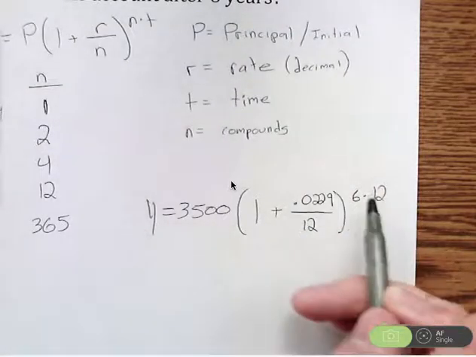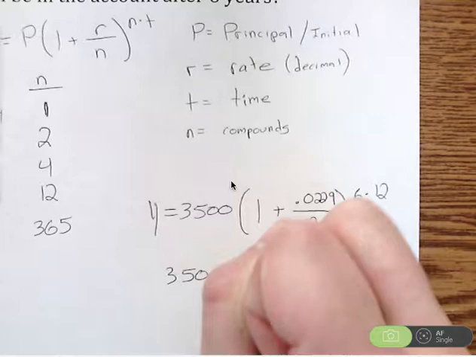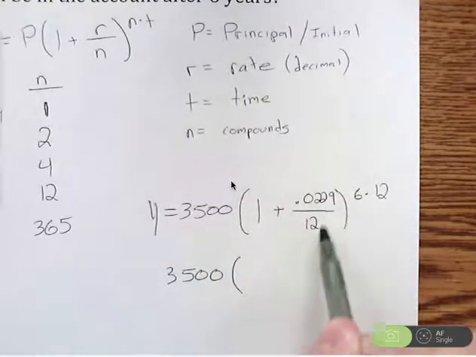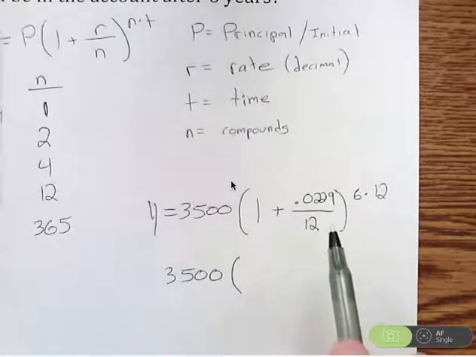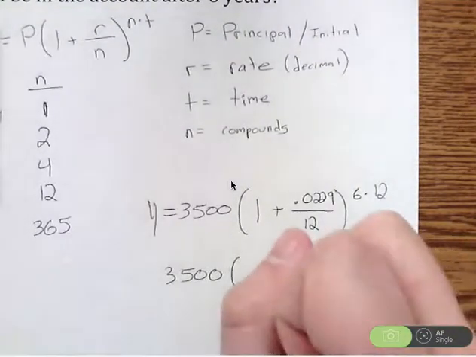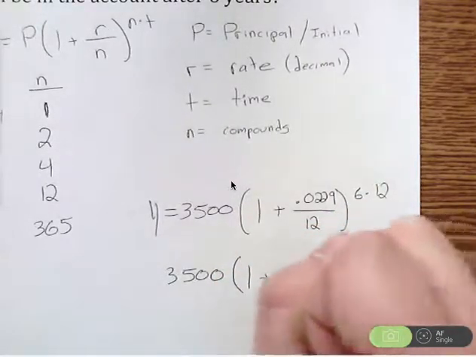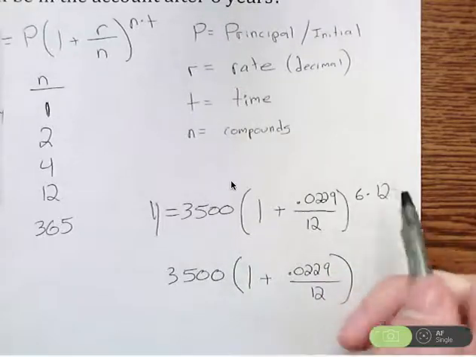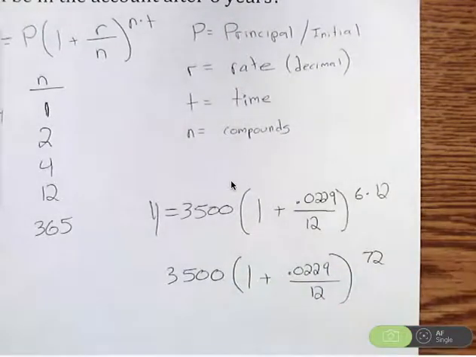You could also divide these two and get a fraction, but the more you start doing that, the more you lose decimal places by rounding, and it's not completely accurate. So I usually leave the inside alone, but I like to figure out that exponent. So 6 times 12 is 72.